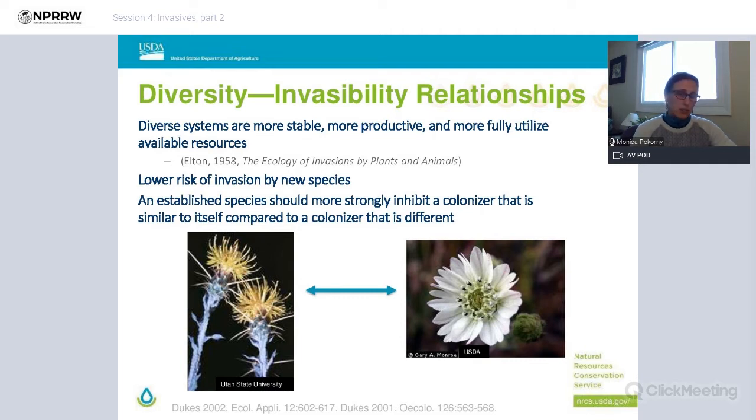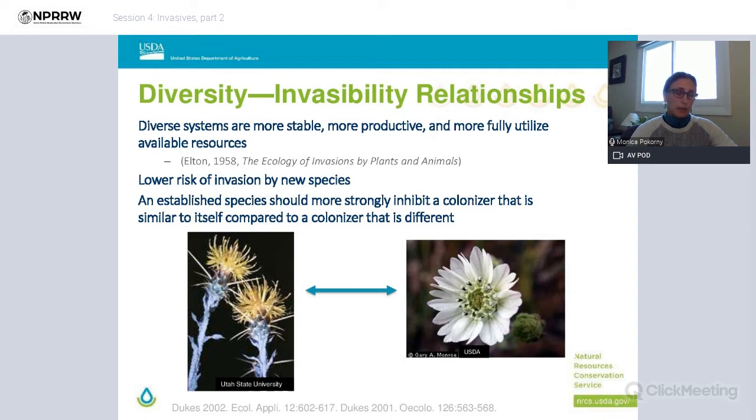And then in the last 2 decades, we've probably increased our understanding quite a bit more of this concept, including that species that are similar to each other are more competitive to each other in resisting invasion. And an example of that is this study that came out of California where you had yellow star thistle, which is a late season annual forb.